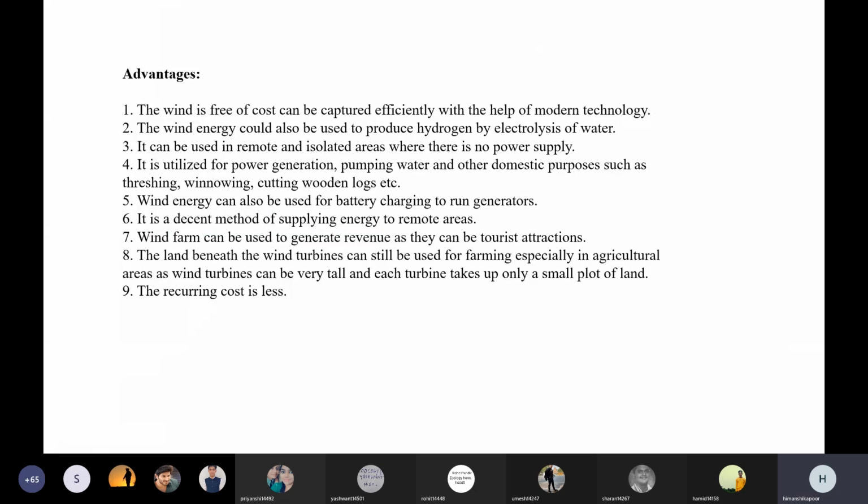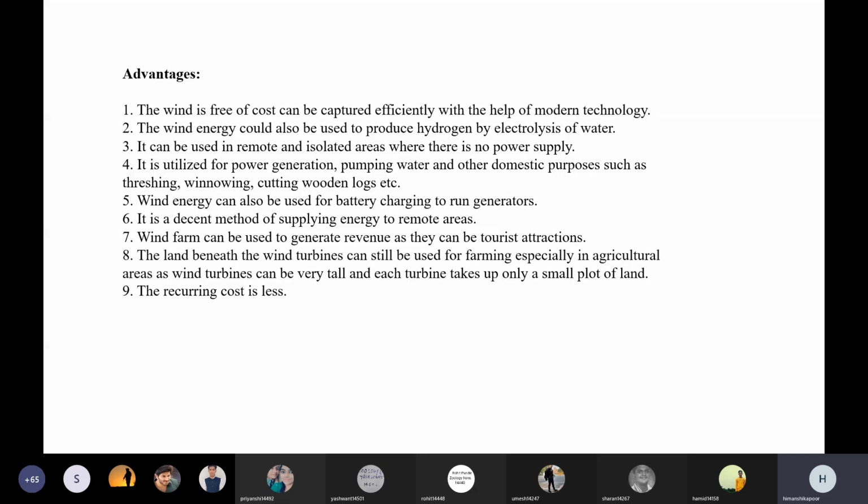So coming to some advantages, if you set up a wind farm, then you can always utilize it to produce electricity, and then you can utilize this electricity for many purposes. So you can also fill in some energy gaps for domestic purposes, like threshing, winnowing, cutting wooden logs.